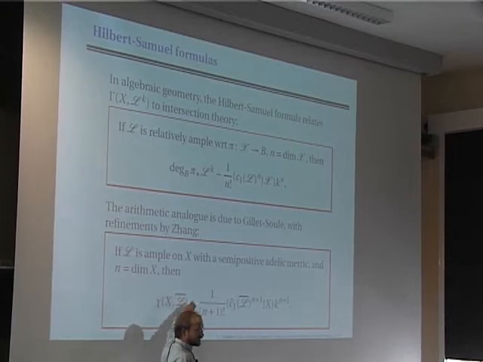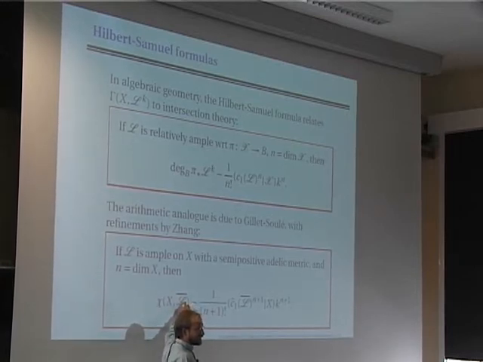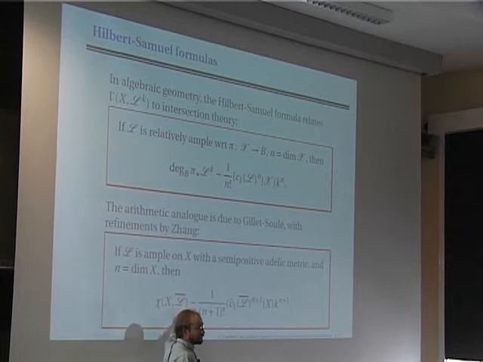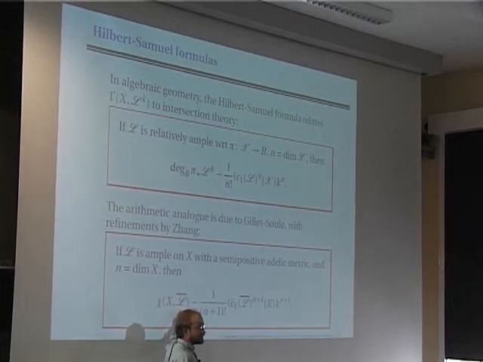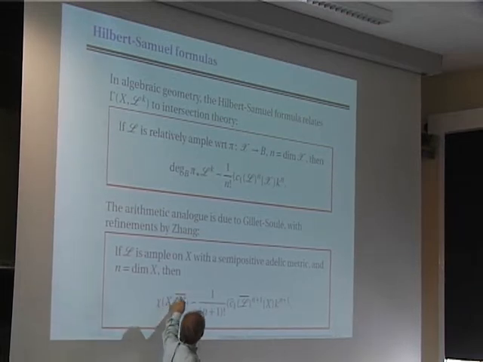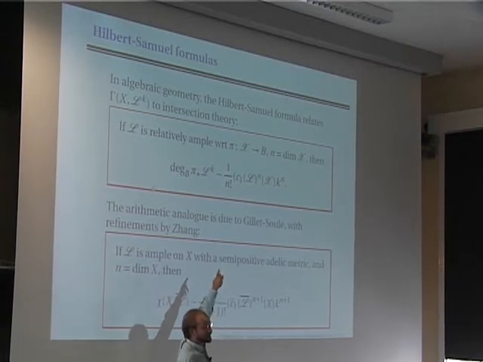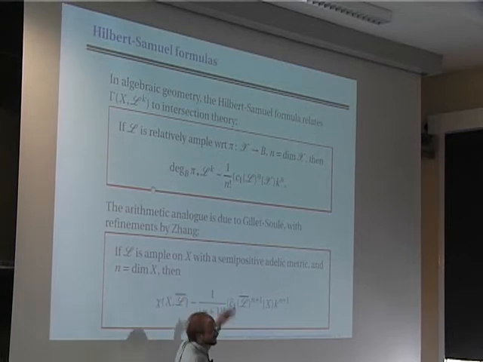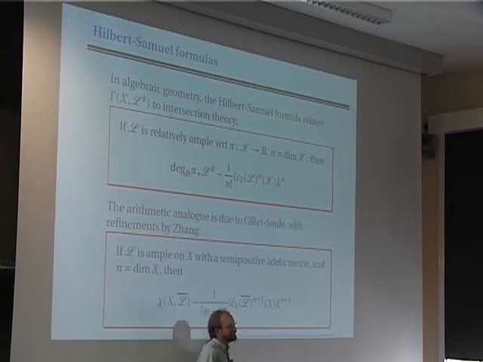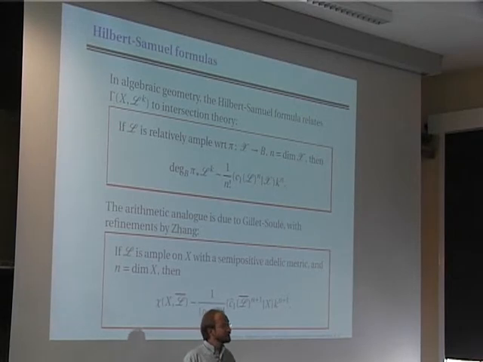So chi will be big, and if chi is big, then h naught is big too, because the difference of chi and h naught is controlled by the dimension of the space of global sections, and this dimension is given by the Hilbert-Samuel formula. It's something like k to the n. So this is really the leading term for chi and for h naught.